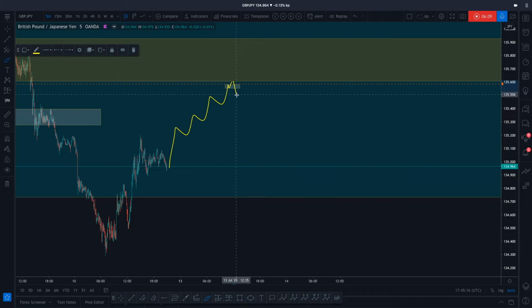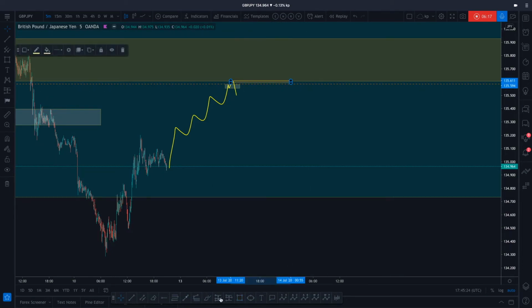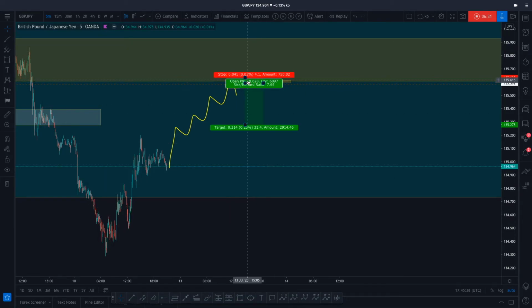Once the event breaks got broken, you set your trigger event, and from there you set another sell limit. The stop loss should be 2 to 5 pips above the zone, because sometimes it goes a little bit above the zone and it could hit your stop loss.